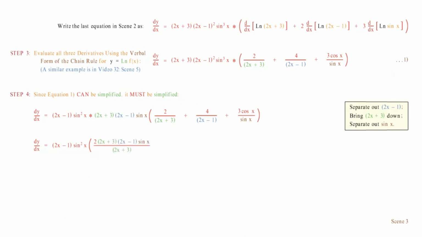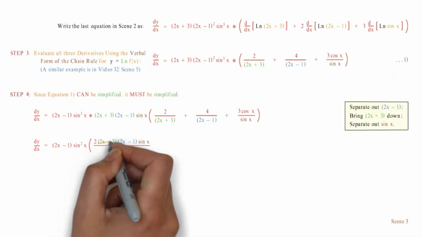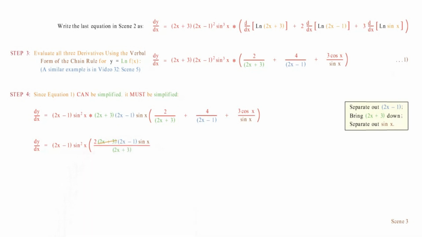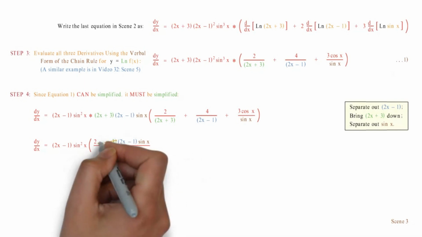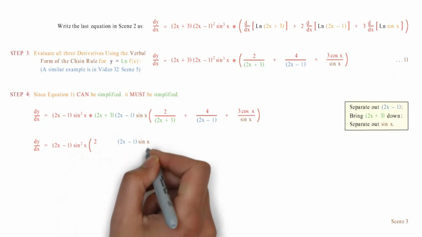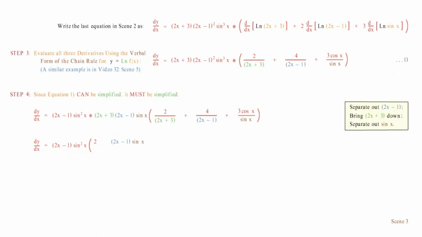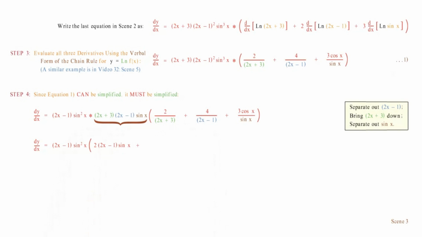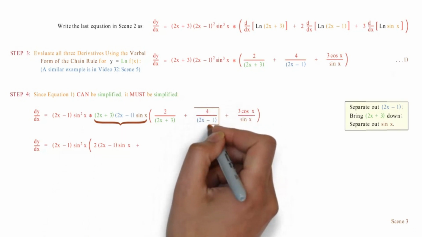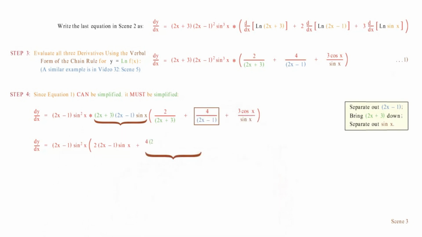Now cancel 2x plus 3 with 2x plus 3. Plus is plus. This expression times this quotient is this expression.